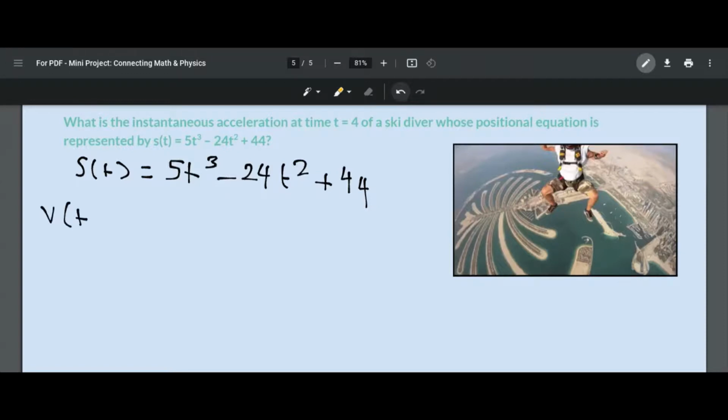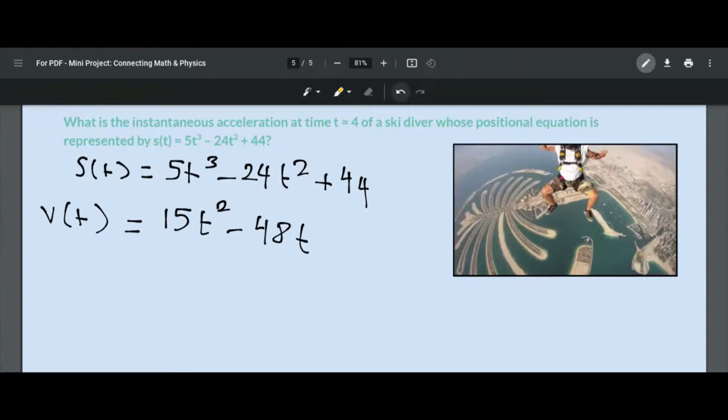So we will find the velocity, which is the derivative of s of t. So 5 times 3 is 15. 3 minus 1 is 2. Minus 24 times 2 is 48t. And the 44 will be 0, so we will just ignore it.